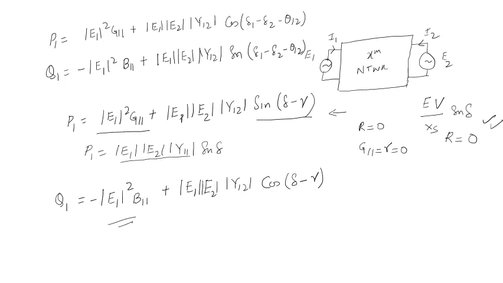This is my maximum term, P max. You can assume this term as PC, this is the constant term. Okay, and your Y12, sorry, Y12, here we can replace that Y12 with your X term.